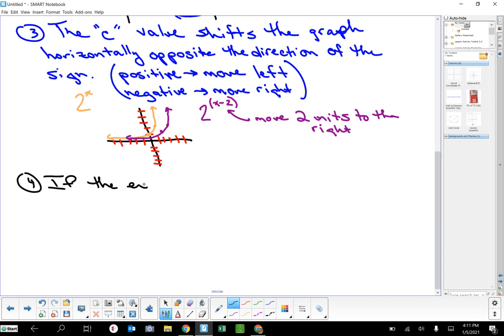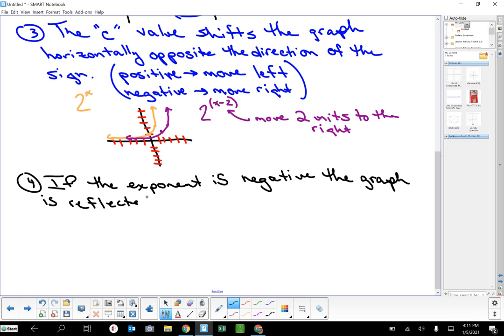If the exponent is negative, the graph is reflected about the y-axis.